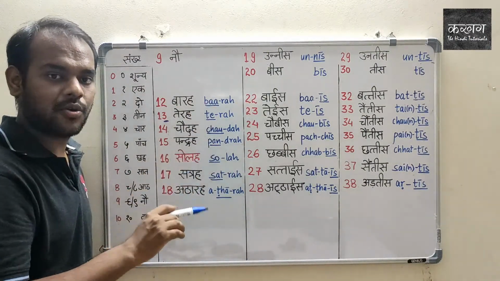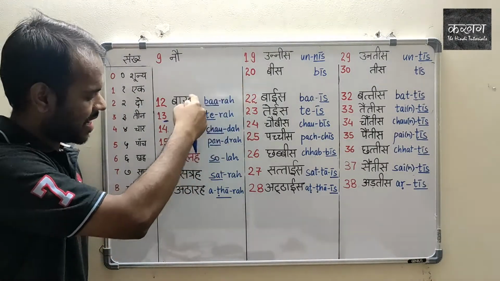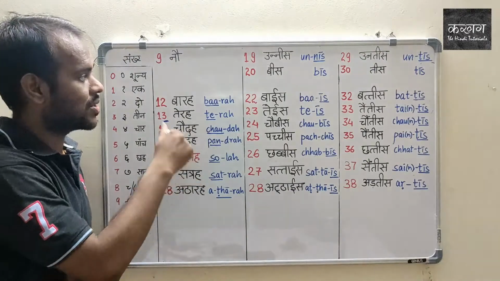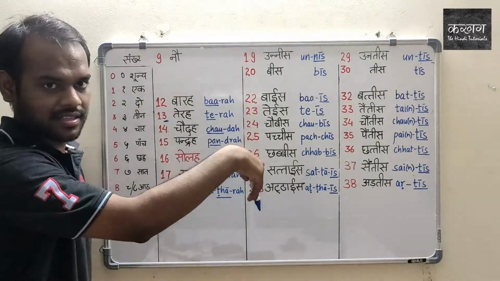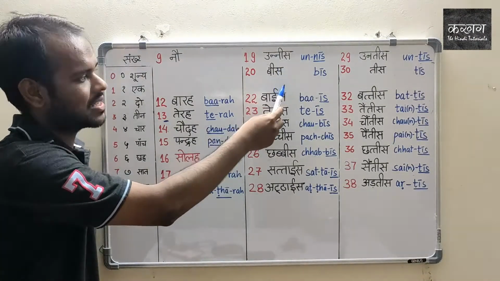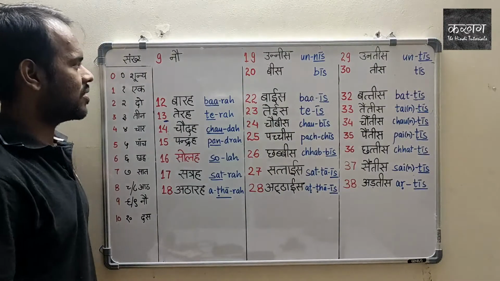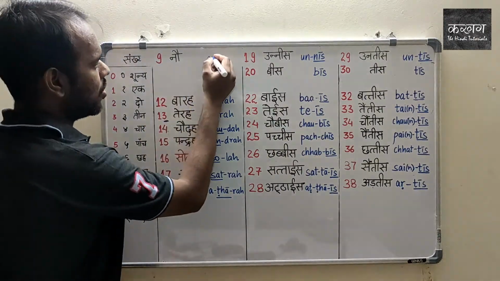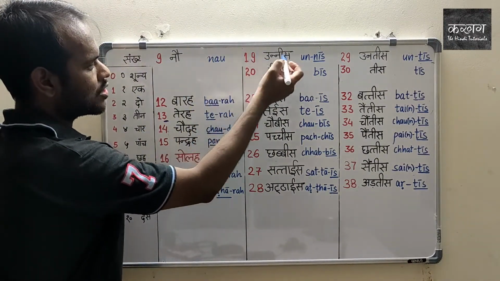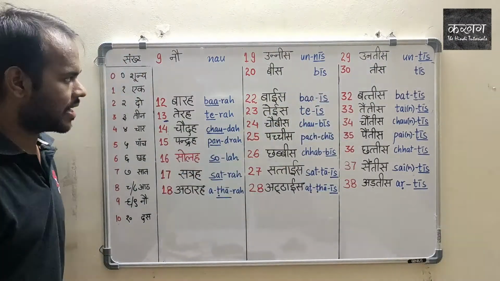It ends according to the next series. That is, 19 does not end according to the 10s series. It will end according to the 20s series. So we have 19 according to the 10s, and 29 according to the 20s. Okay?